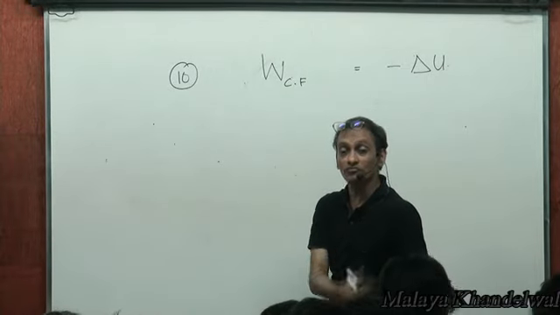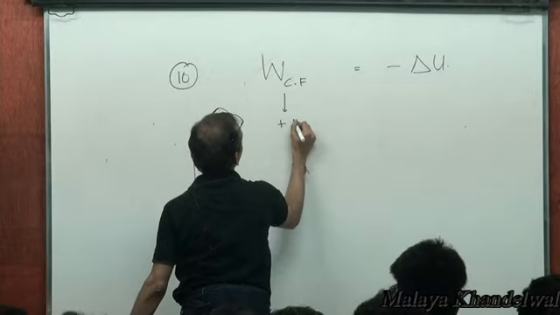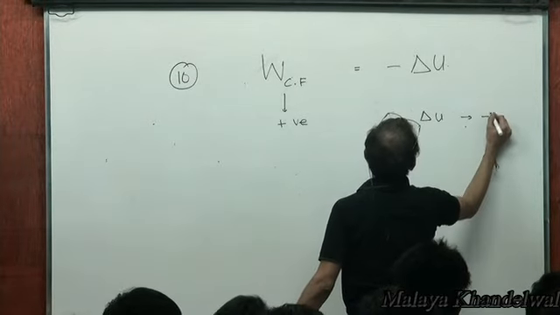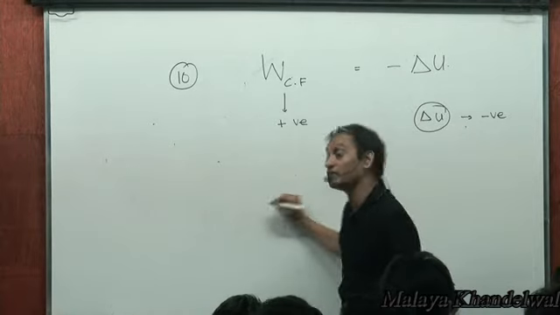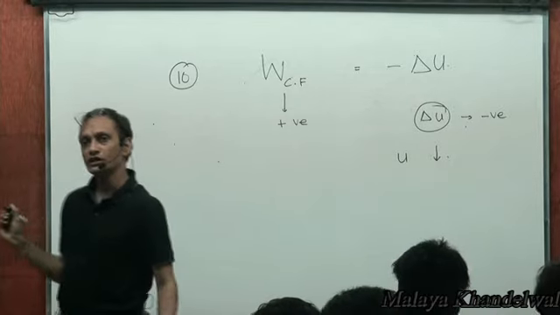So if this is positive, delta U must be negative. That means if delta U is negative, change in potential energy is negative, that means potential energy must have decreased.